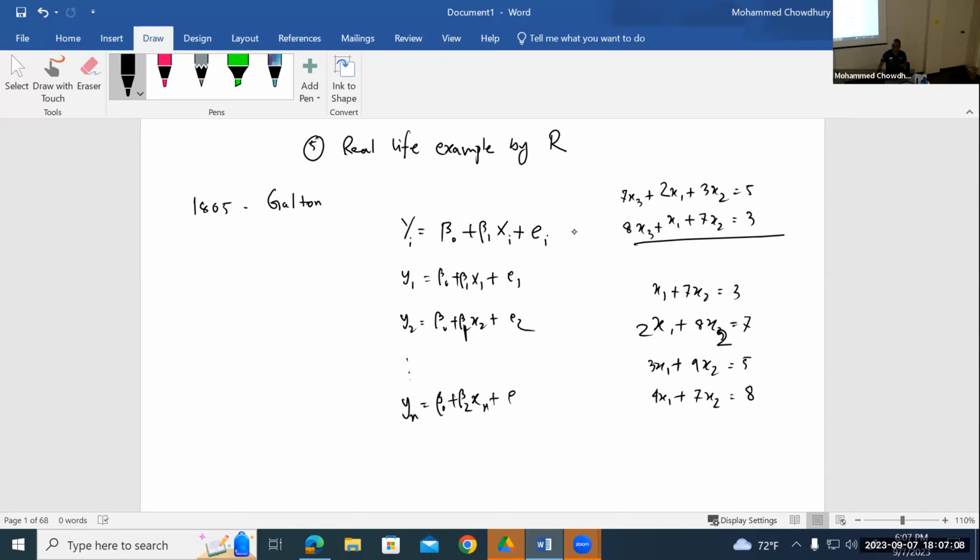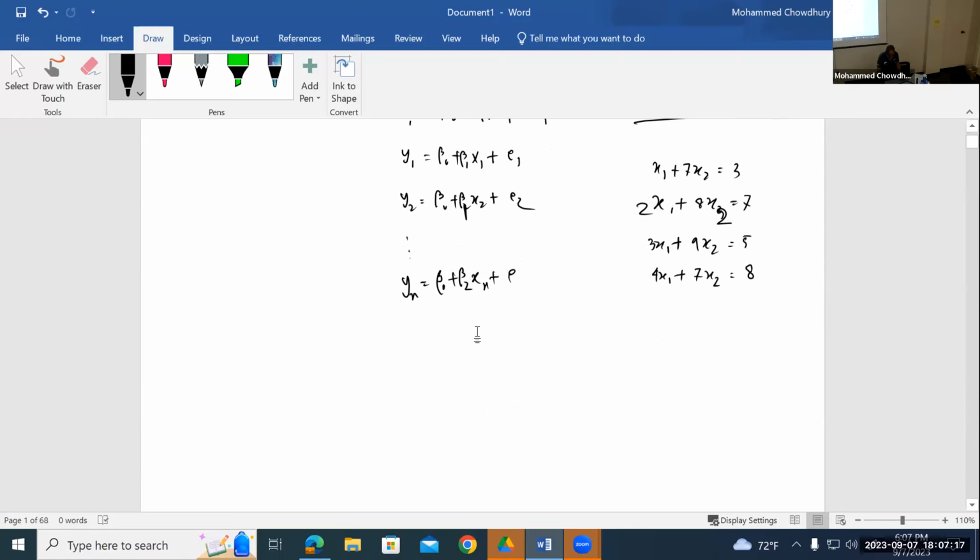Are you understanding? So Galton developed this simple linear regression in 1805. And this is the way, by minimizing error, how can we estimate these things? We write the error equal to yi minus beta 0 minus beta 1 xi. Then we take the square on both sides. And then we take the summation, the sum of squares of residuals.